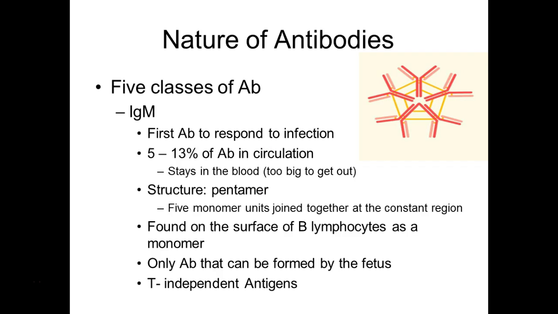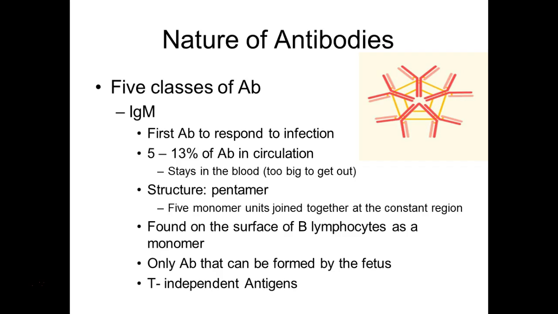So IgM, it's the first antibody you make in response to an infection. If those B cells have been activated and proliferated and differentiated into plasma cells, and we're actually secreting this antibody. It's also the only antibody that the fetus can make.